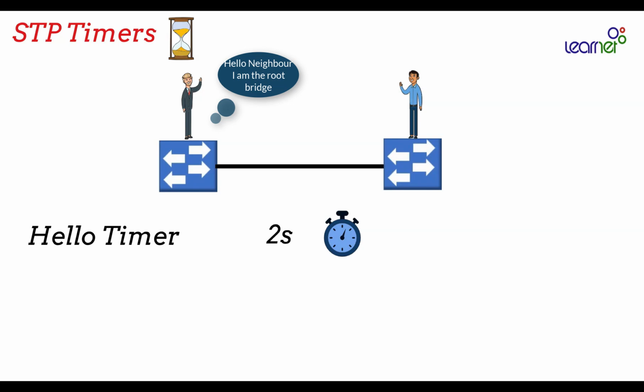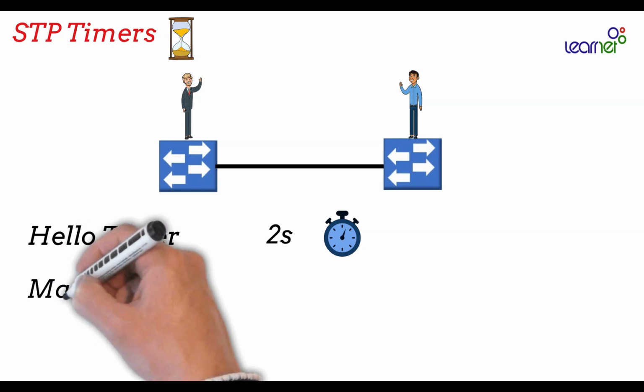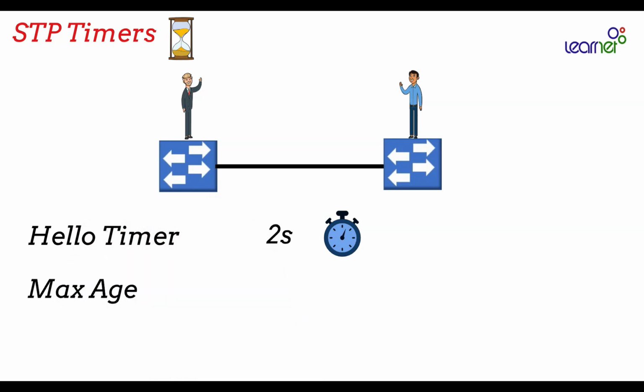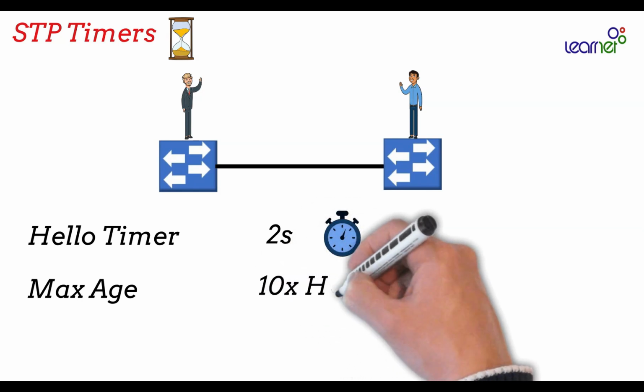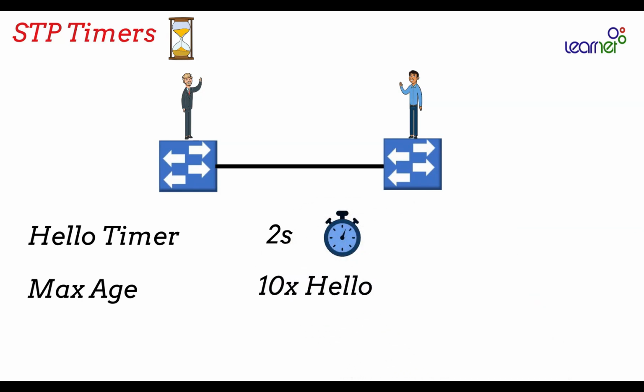The subsequent timer, known as max age, signifies the duration the switch will remain idle before reacting if it stops receiving BPDUs on the current root port. In STP, this duration is set to 10 times the interval of hello messages. Therefore, by default, it is 20 seconds.